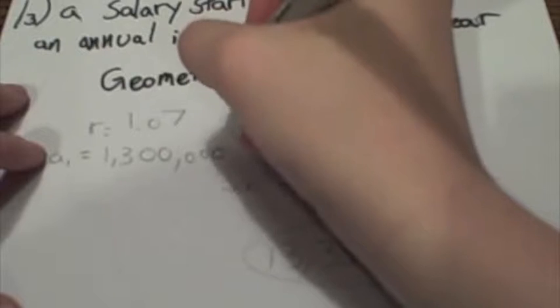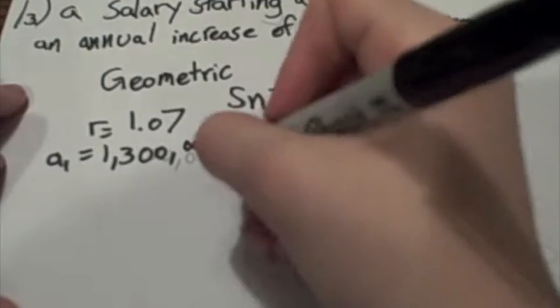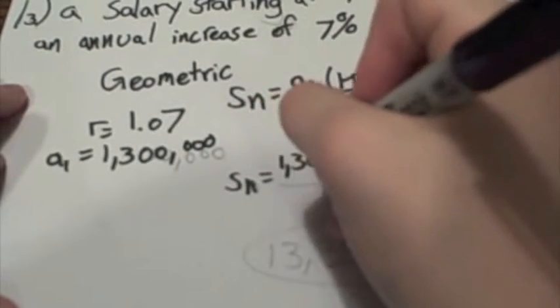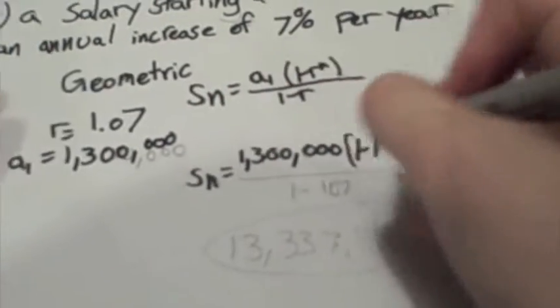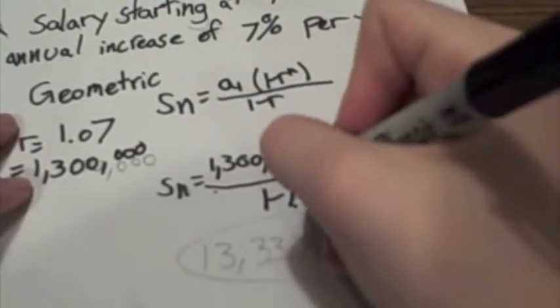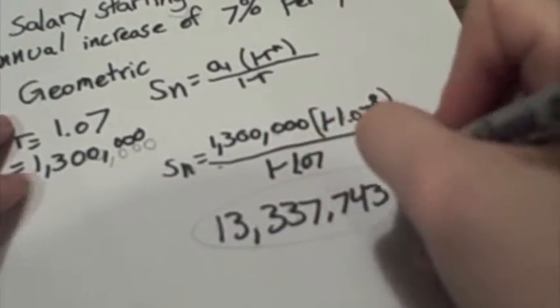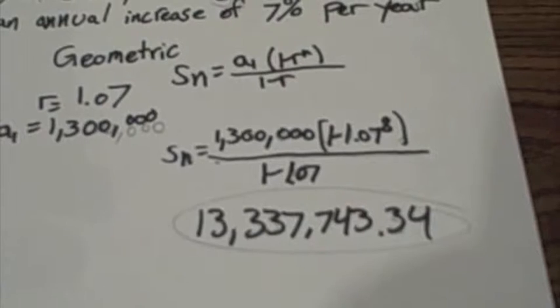For this question, we will be using the geometric term because we are multiplying by 7%. Again, we will be using the same equation as before, plugging in 1.07 for r and 1,300,000 for a1. 1,300,000 times (1 minus 1.07 to the 8th power) over (1 minus 1.07), giving us $13,337,743.34.